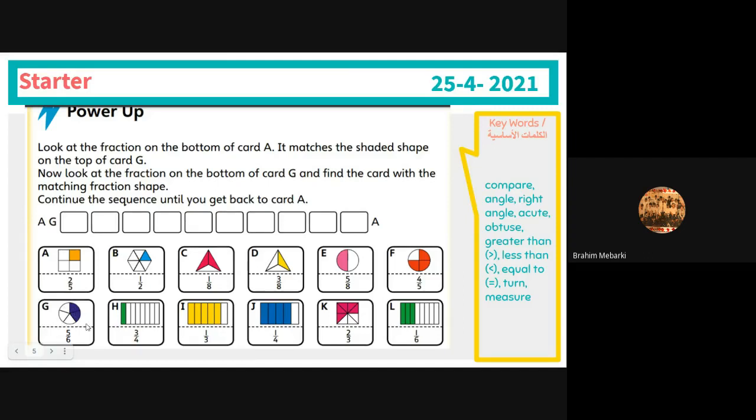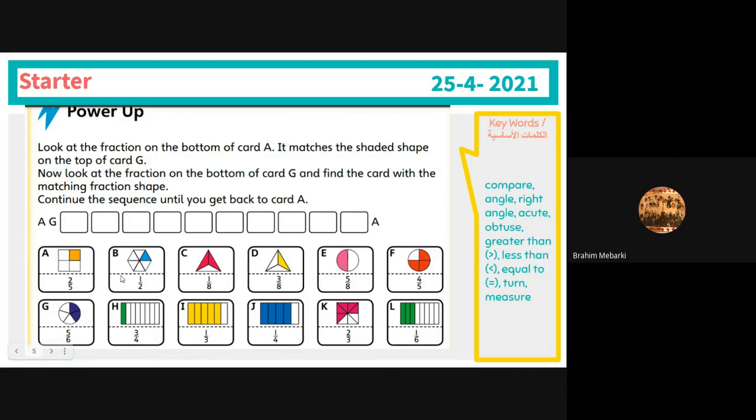Yeah, amazing. Good job, Noof. So card A matches card G. When we say card A, we are not talking about these shapes. We are talking about the fraction. So 2/5 matches G because 2/5 are shaded in blue.